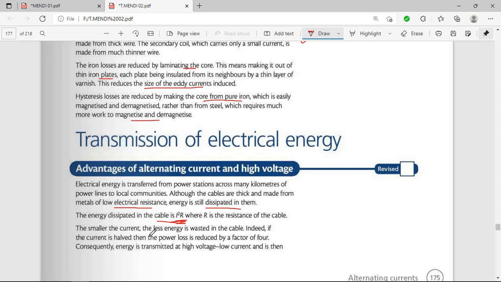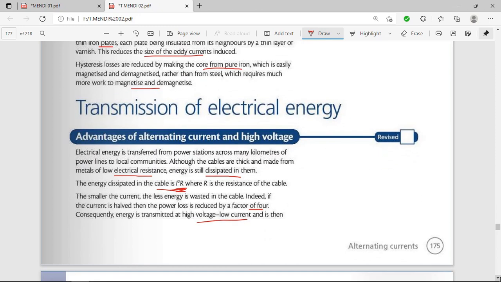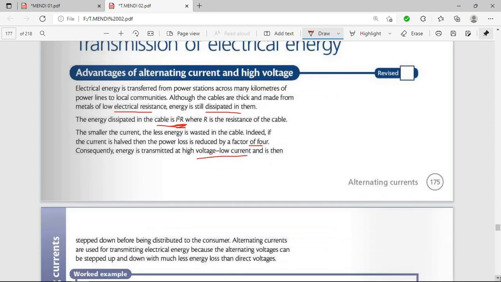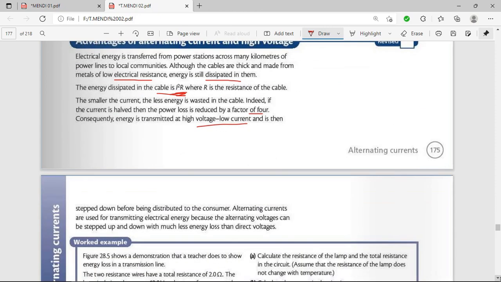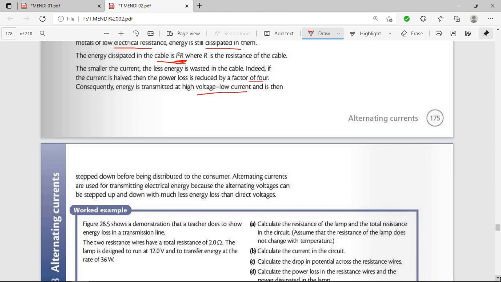So the smaller the current, the less energy is wasted. Indeed, if the current is halved, then the power loss is reduced by a factor of 4. Consequently, energy is transmitted at high voltage, low current. So, meaning to say, high voltage transmits low current and then is stepped down before being distributed to the consumer.